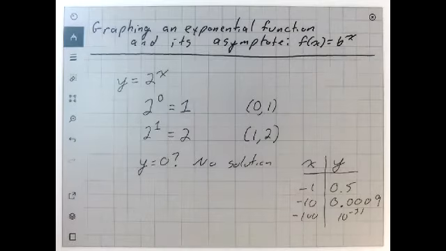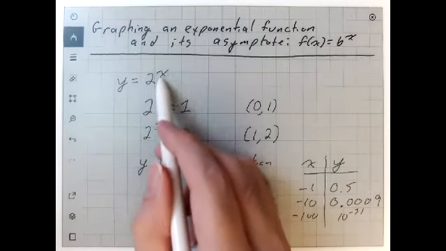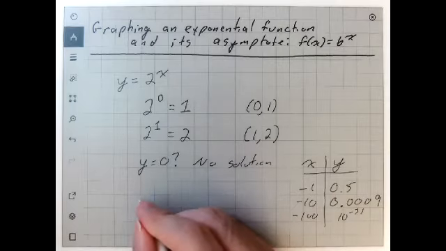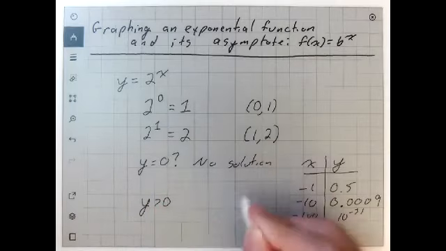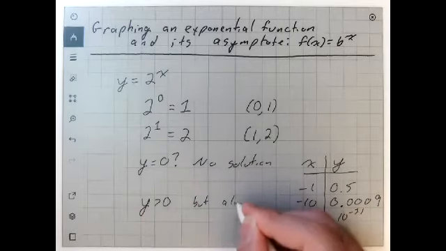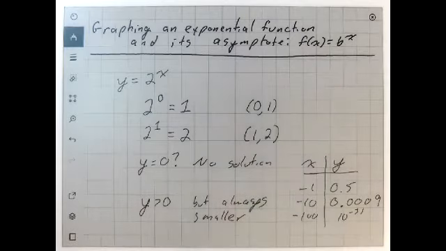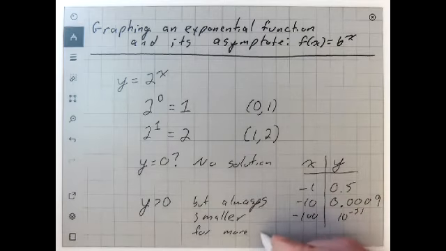So as you try smaller and smaller or more and more negative values of x, this thing is going to get small. But we know that a positive number raised to a power is always bigger than 0. So we know that y is greater than 0, but always getting smaller for more negative values of x.